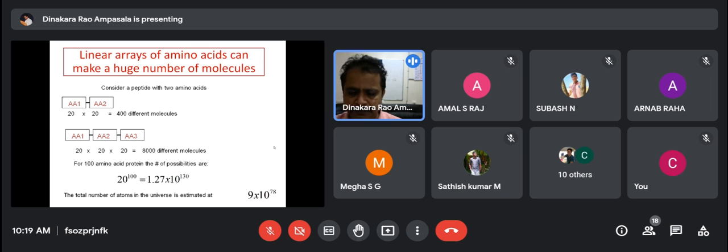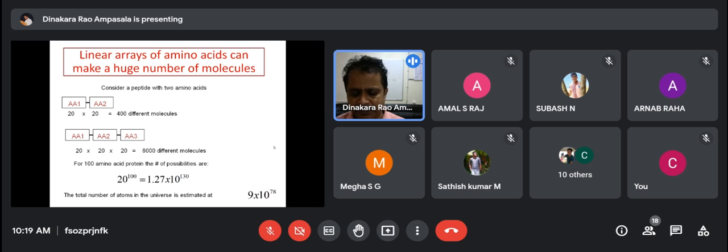When you see proteomics, from the composition and complexity of these amino acids and proteins, you can understand how many variations and variant amino acids are present in a protein. That is because we have 20 different amino acids.